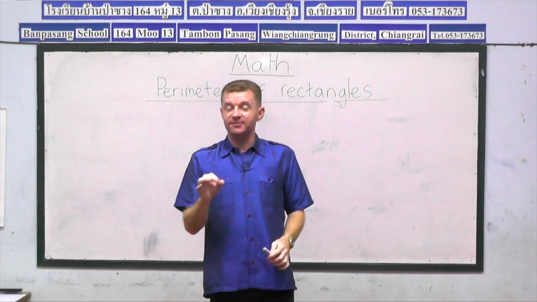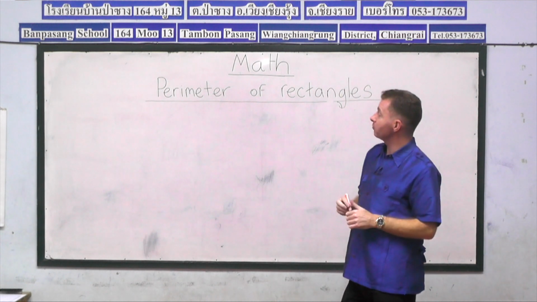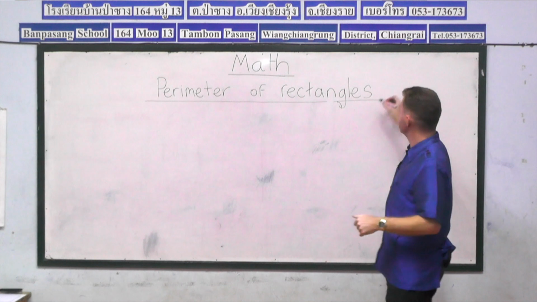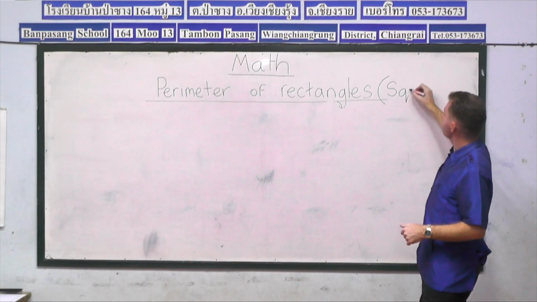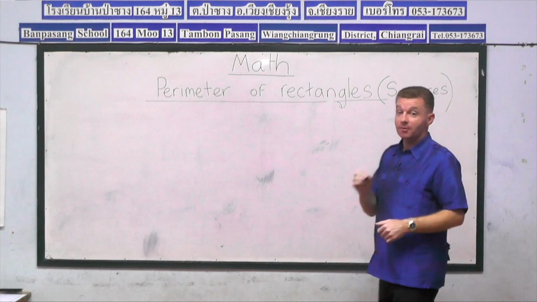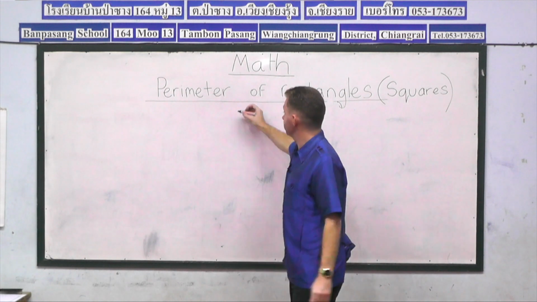And teacher says, it's now time for our boards exercise, where we're going to be working out the perimeter of rectangles, but the special type of rectangles known as squares. So remember, guys, from the PowerPoint presentation, there's 2 ways to work out the perimeter.